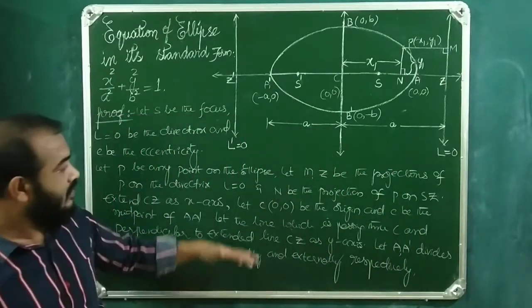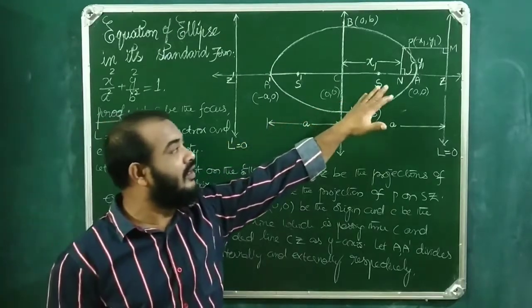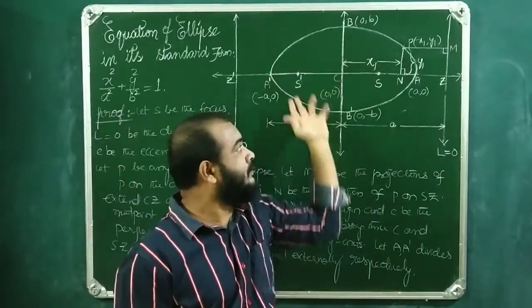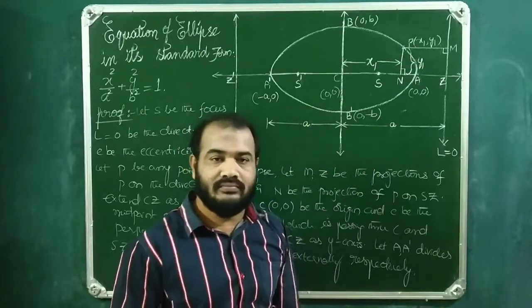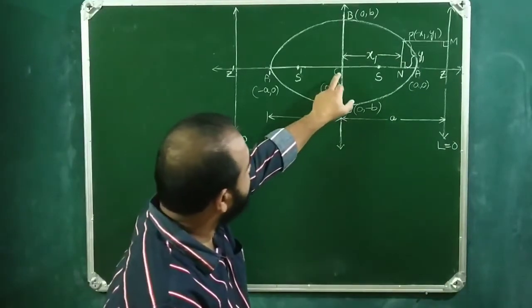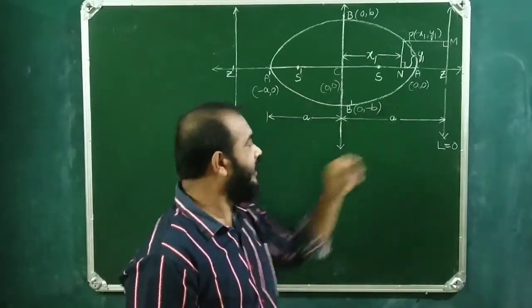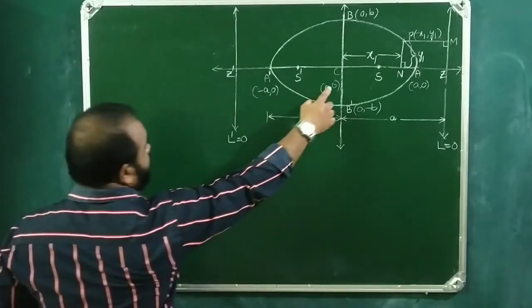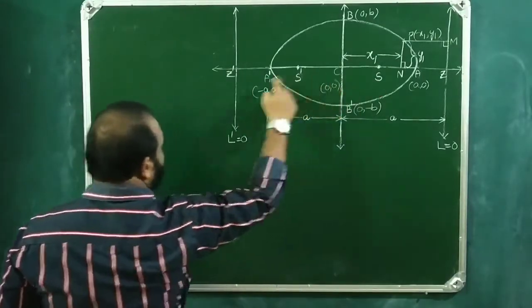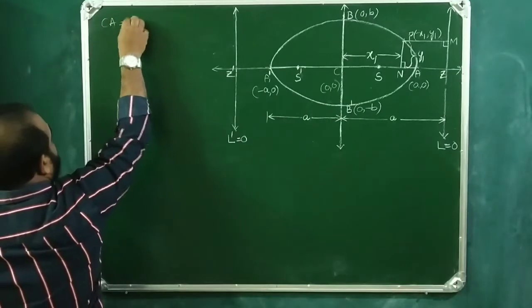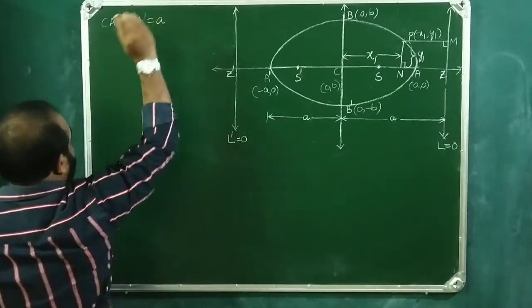So this is the description of what we have mentioned in the diagram. Since C is the midpoint of A A dash, so CA is equals to CA dash is equals to, I'll take a.